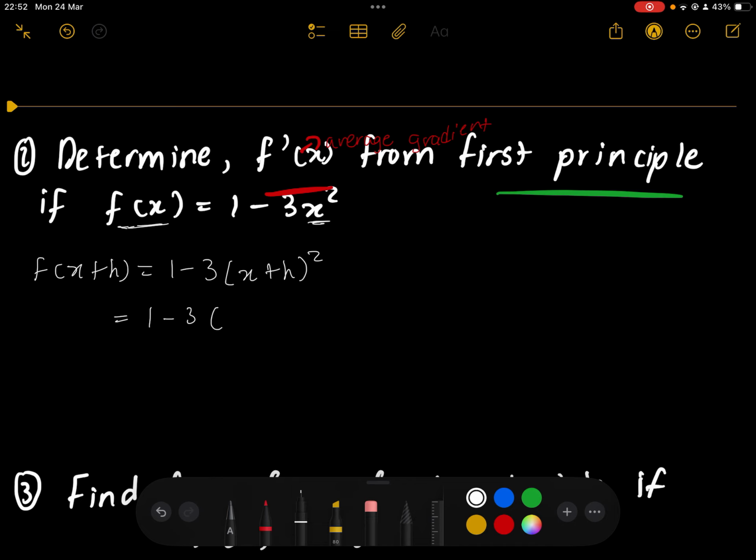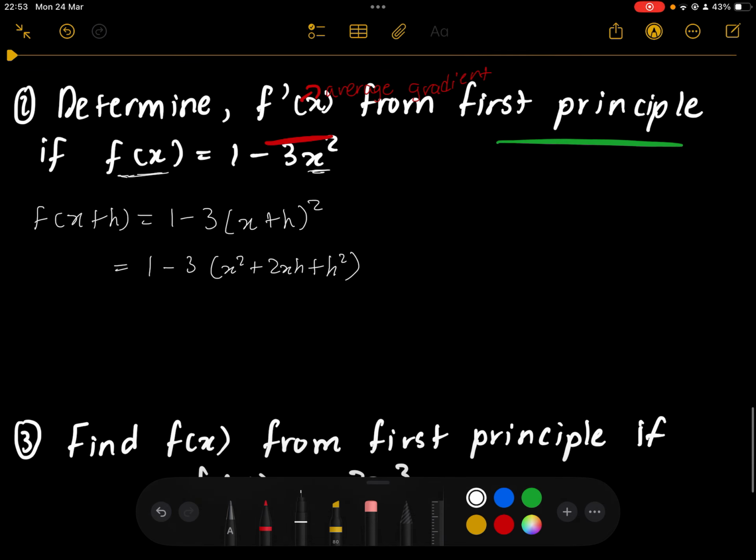It's going to be x squared plus 2xh plus h squared. I skipped the steps of creating two brackets, but when you create two brackets you get that answer. And then multiply, so you get 1 minus 3x squared minus 6xh minus 3h squared. So this is your f(x plus h).